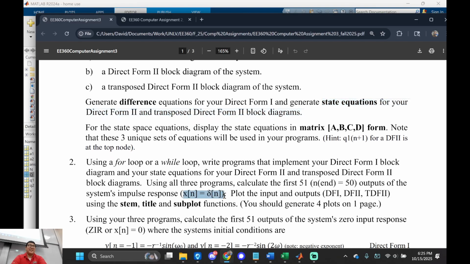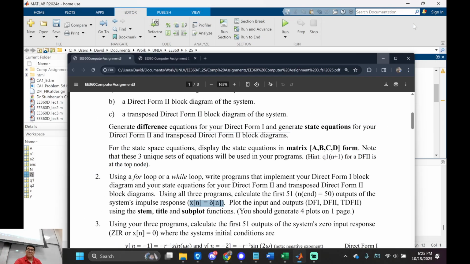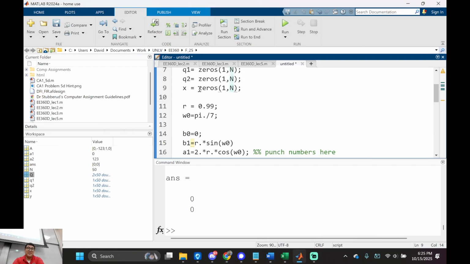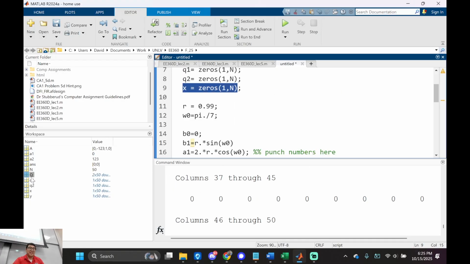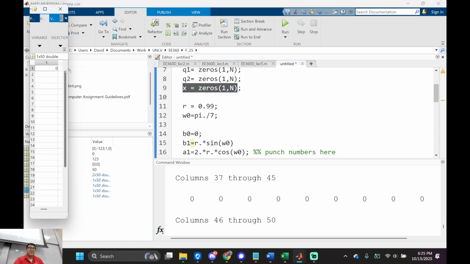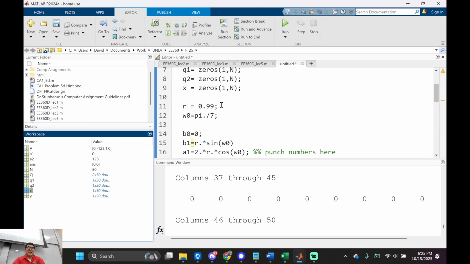Oh, the input is a Dirac, a delta, Kronecker delta. What does that mean? 0 at the first point, correct? See this right here? I'm going to run this. Evaluate. Right? Cool, right? Like that? Our first point needs to be 1. So what do we got to do? Add a 1. So how do I do that?